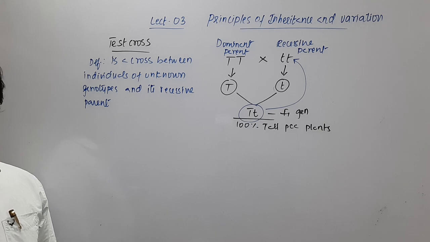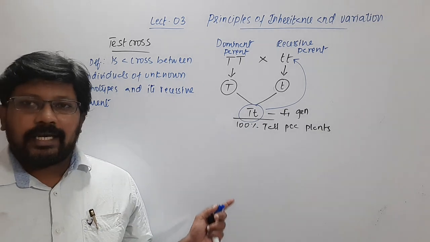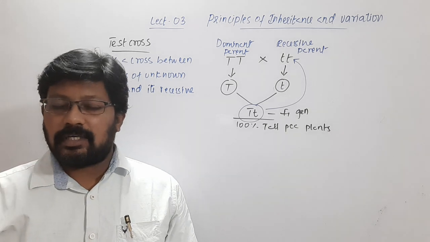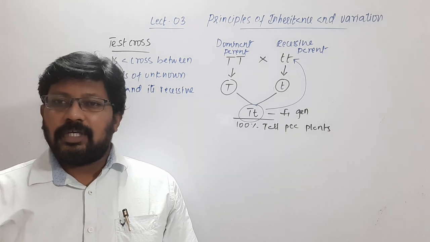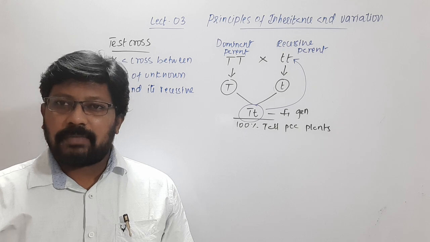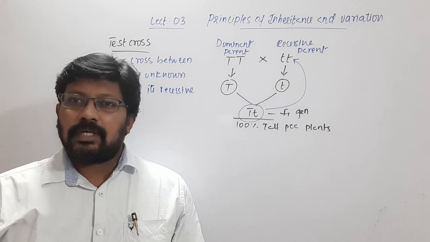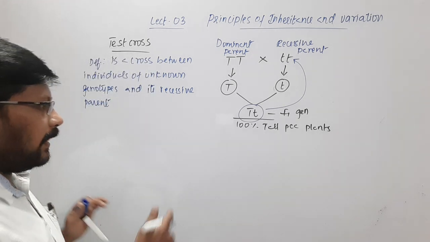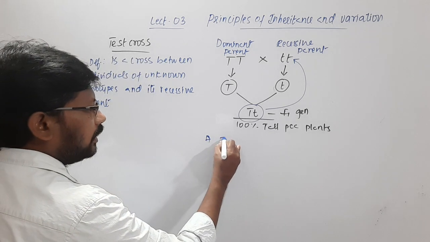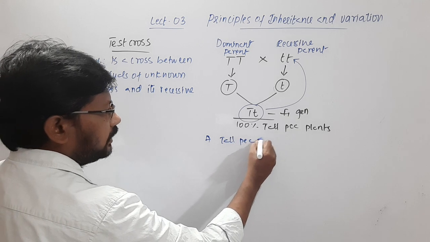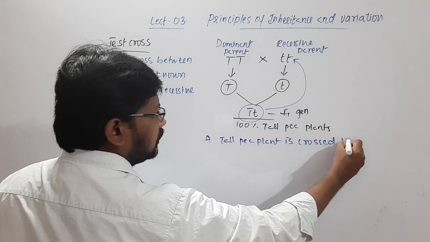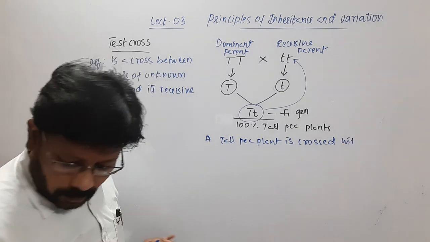Of course, what Mendel did is he took a tall pea plant from the F2 generation and then crossed it with its recessive parent.